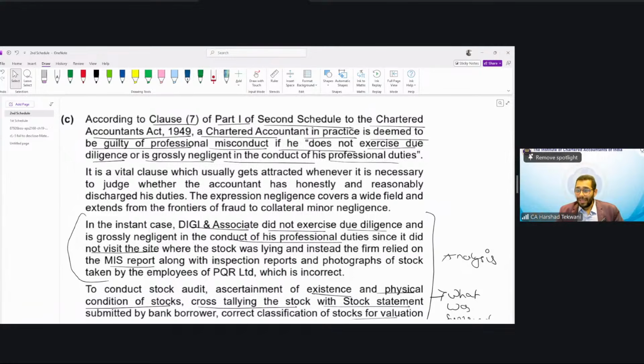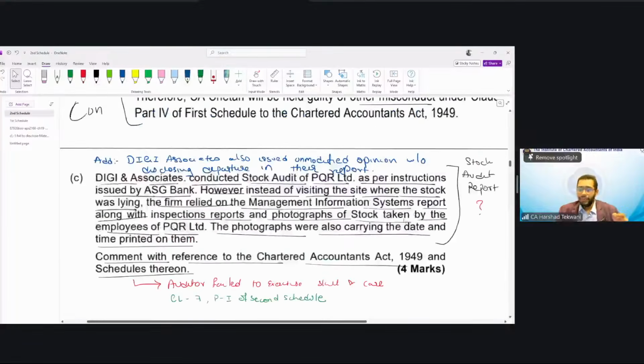Otherwise, your answer will be incomplete. You are quoting the provision, jumping directly to the conclusion without the analysis. Analysis requires why and what was amiss. Clear? Any doubt with this particular question? Any doubt?